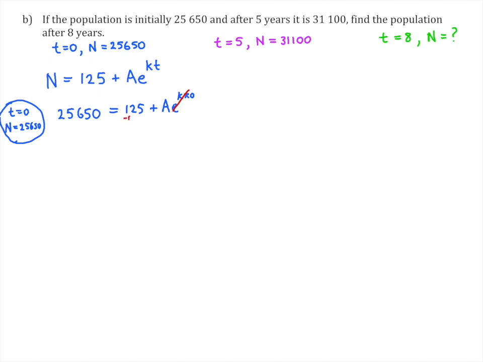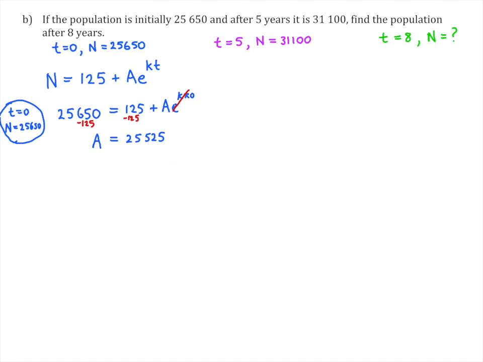I'll now minus 125 from both sides. And that will leave me with A being equal to 25,525. So I have a value for A now. That is the value for A for the question for the rest of its life.